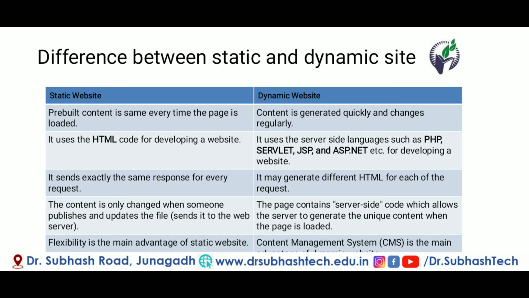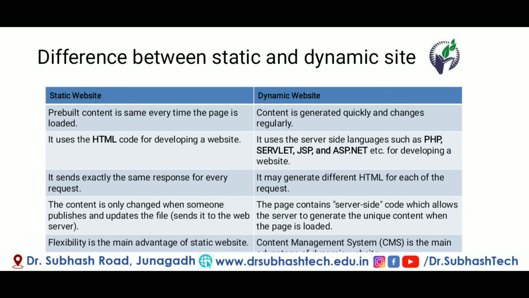When a static website is used, it sends exactly the same response for every request, while a dynamic website may generate different HTML or different JSP pages for each request. The content in a static website is only changed when someone publishes and updates the file. While in a dynamic website, the page contains server-side code which allows the server to generate unique content when the page is loaded.